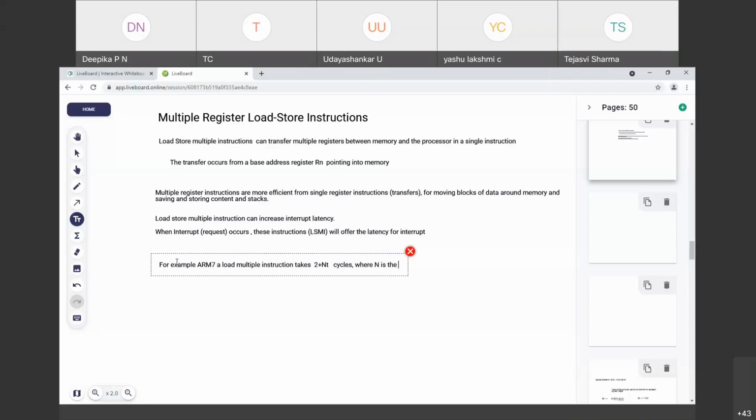N is the number of registers to load, and T is the number of cycles. Together, they represent how many cycles are required to execute this particular multiple instruction.